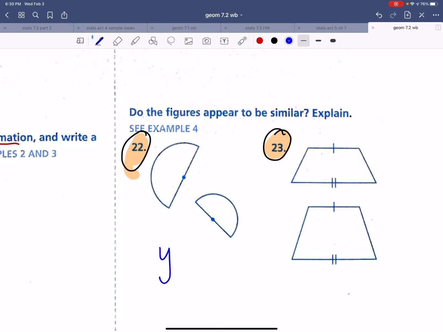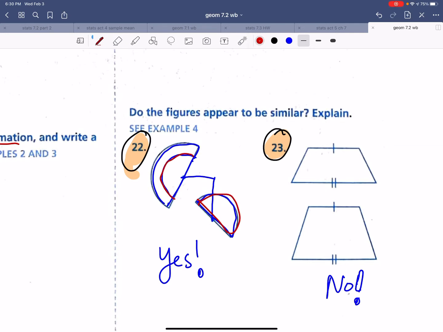Are these similar? I'm going to say yes. And this one I'm going to say no. No way. Why? Well, again, if I scooted this one over and up and spun it, it would fit right inside. So see how this one would fit right inside there. And then if I blew it up, it would map on top of itself.